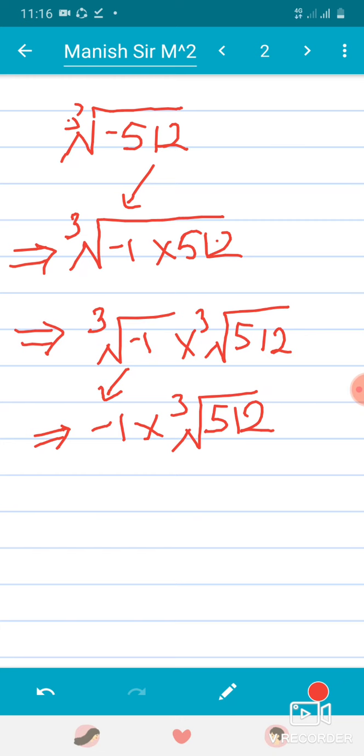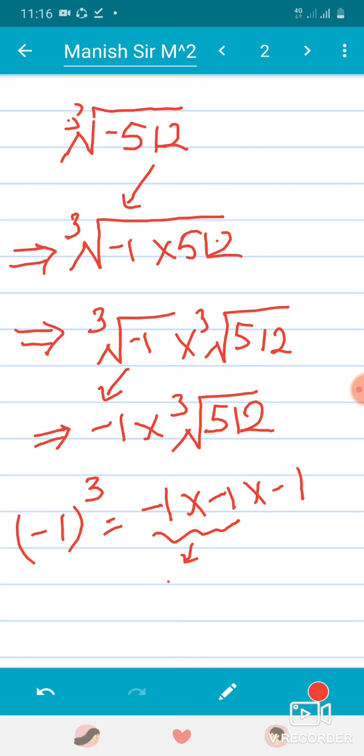How do we know that the cube root of minus 1 is minus 1? The cube of minus 1 is minus 1 into minus 1 into minus 1. The first two minus 1s become plus 1, and plus 1 into minus 1 is equal to minus 1.